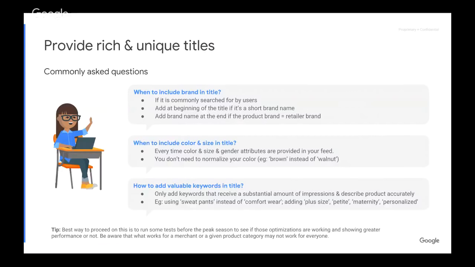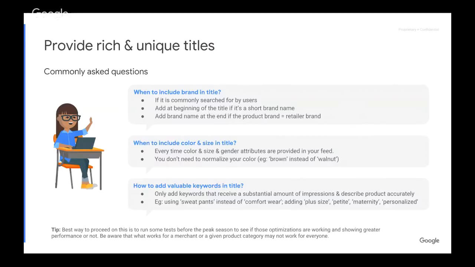And you can see examples here where using sweatpants instead of comfort wear, or adding plus size, petite, maternity, personalized, and so on to the title, because they describe the product to the user and use terms that a user might be searching for.